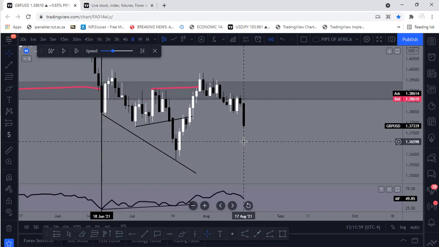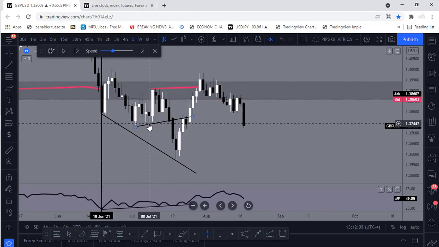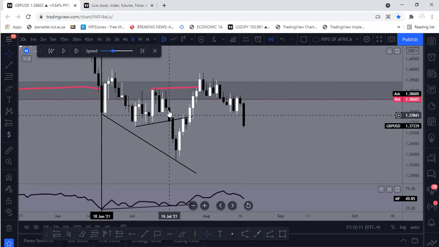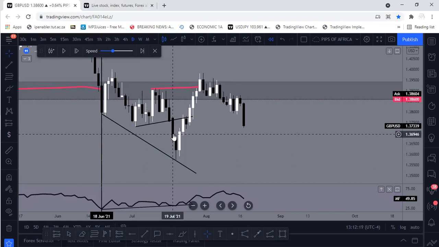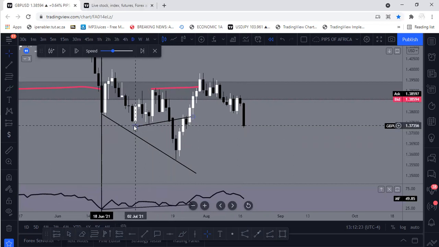We have the first touch, the second touch here. Therefore, this trend line, this support is now valid according to their method of trading. So they were waiting for the third touch for them to buy based on this trend line. What happened? The market presented as if it wants to go higher, and it went to the downside, taking all their money. Stop loss here, stop loss here, stop loss here is out.